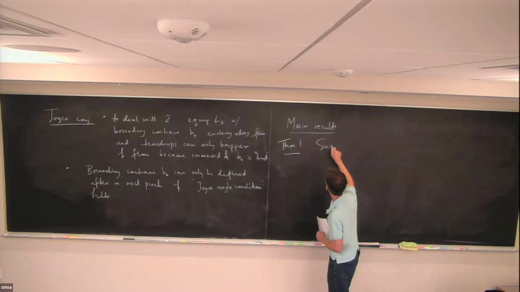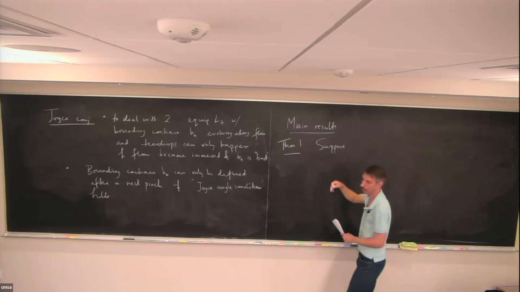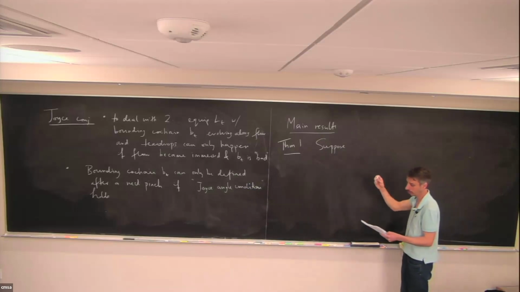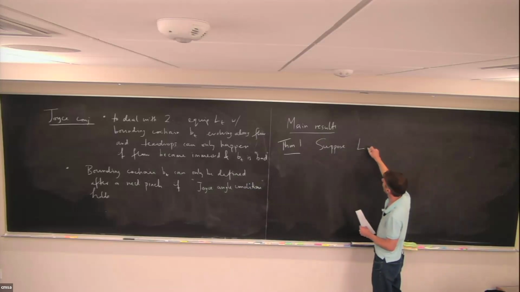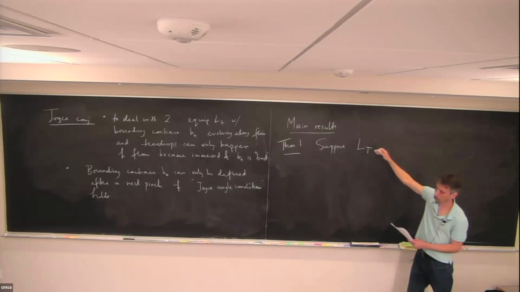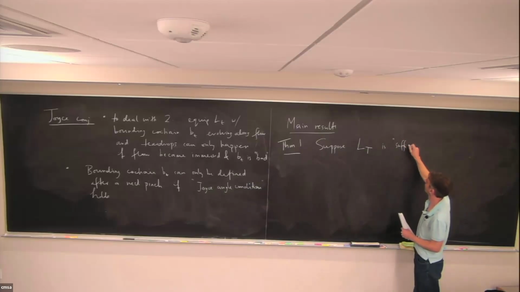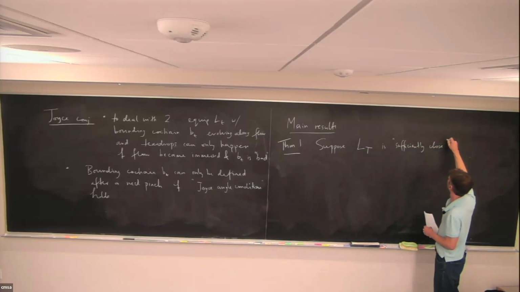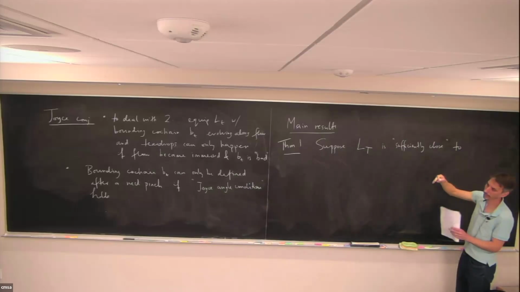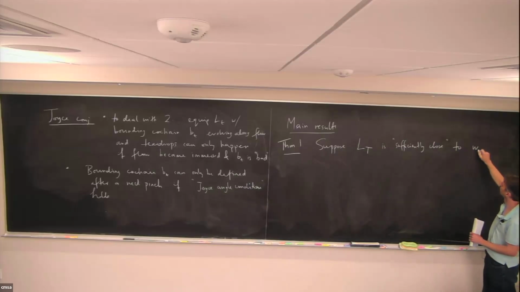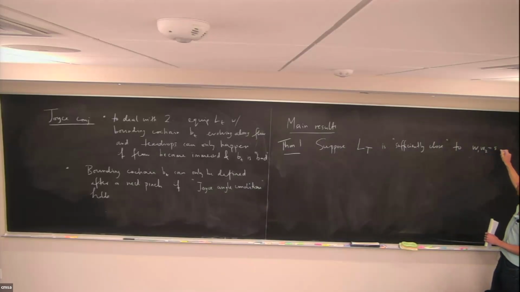But let's suppose that you have your nice Lagrangian mean curvature flow, and that at some time t you're in a situation where this time slice is sufficiently close to this neck pinch model, so that W1, W2 equals epsilon with epsilon very small.